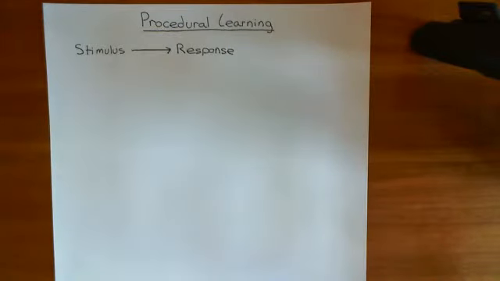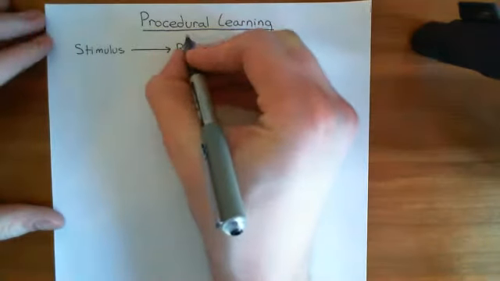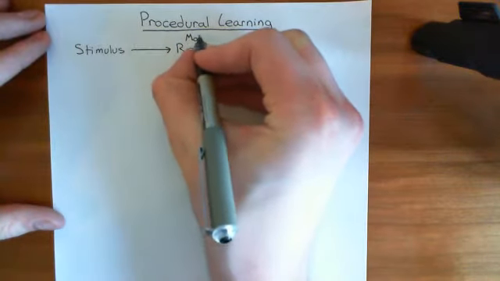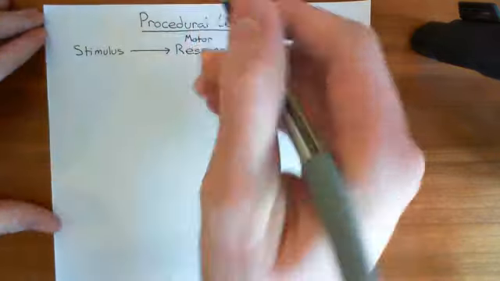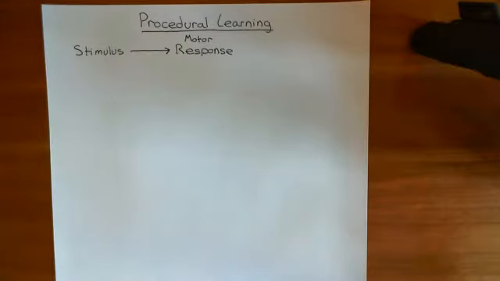And I know that you could argue that all of learning surely is about changing your response to stimuli, but this is very much so a motor response. For instance, we're not interested in declarative memory.